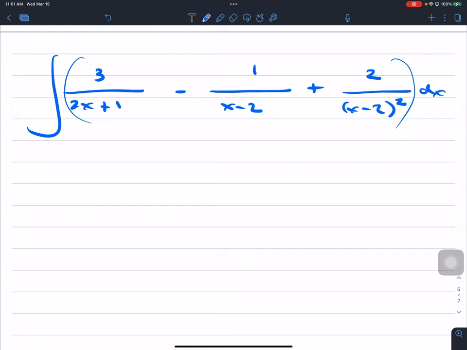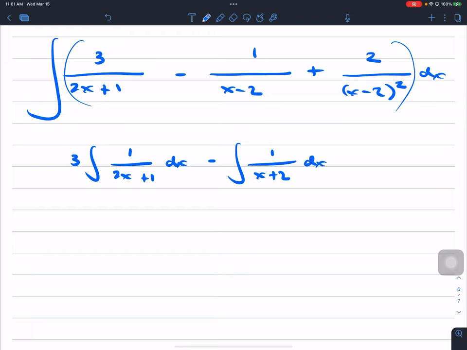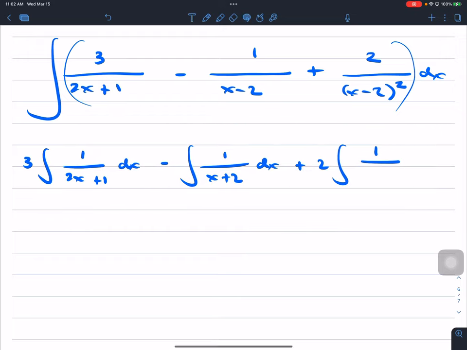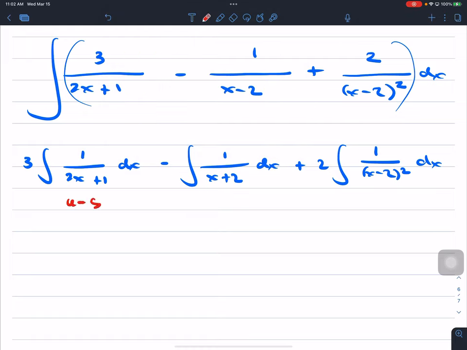All right, now, ladies and gentlemen, you now have really what again? By properties of integrals, I have one integral minus the second integral, okay, plus 2 times that third integral. U sub.